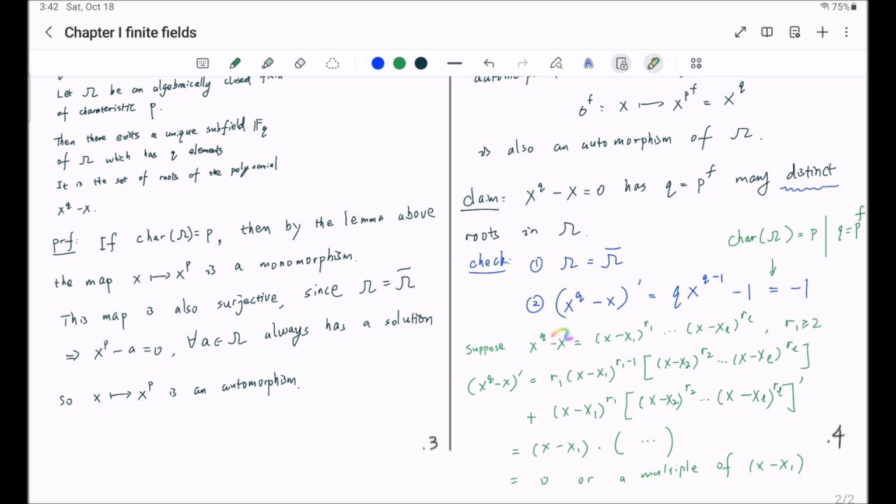Therefore, every root of this guy must be a simple root. And because omega is an algebraically closed field, we know in an algebraically closed field, the polynomial equation can be completely factorized. So this guy must have q equal to p to the f many distinct roots in omega. And this finishes the proof of this claim.